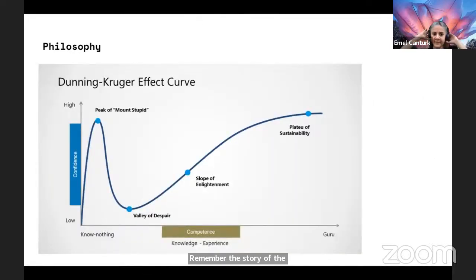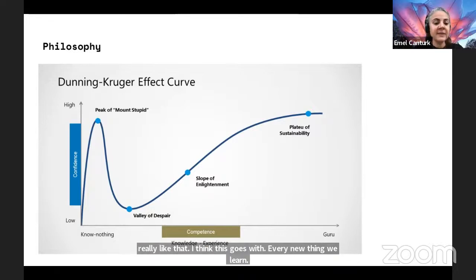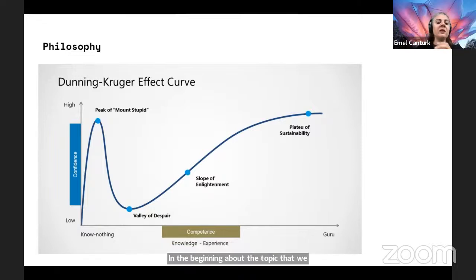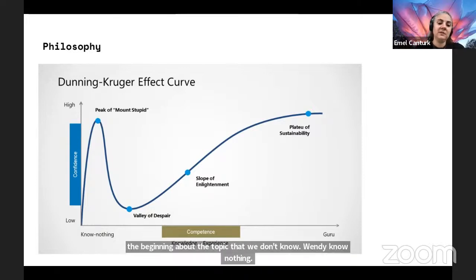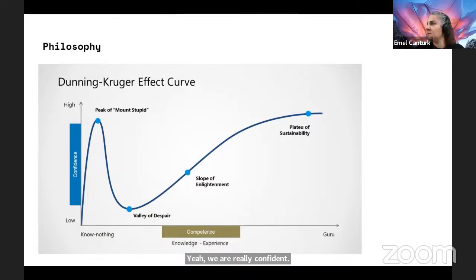Yeah, okay, and this is the Dunning-Kruger effect curve. I really like that. I think this goes with every new thing we learn. Dunning-Kruger says that in the beginning, about a topic that we don't know, when we know nothing, we are really confident. Like, yeah, okay, this is easy. I can do that.